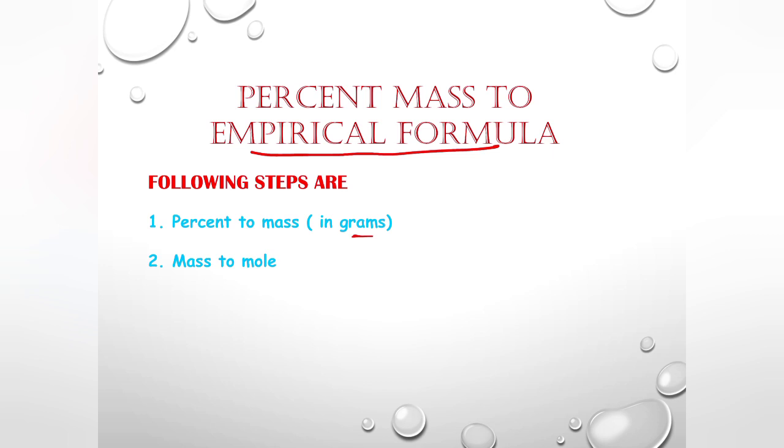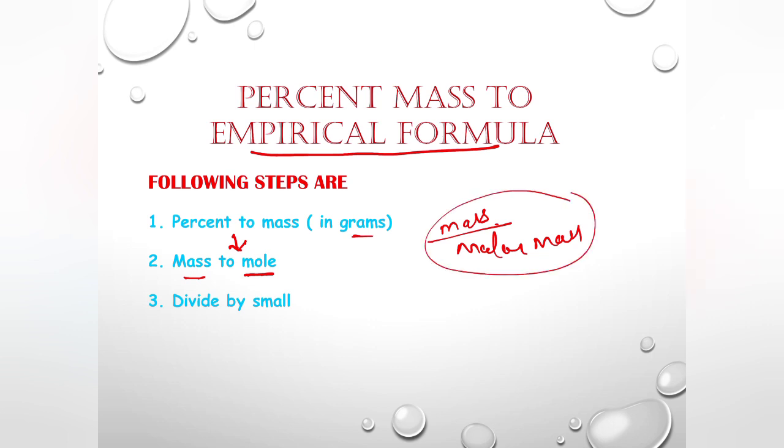In step number 2, we convert the mass obtained in step 1 into moles by dividing the mass by the molar mass. Now step number 3, whatever values we get, we divide all the moles from step 2 by the smallest value. And the last step is to multiply until we get whole numbers to get the empirical formula. It is a very easy process, but we have to take an example to understand all these topics. Now start with an example.